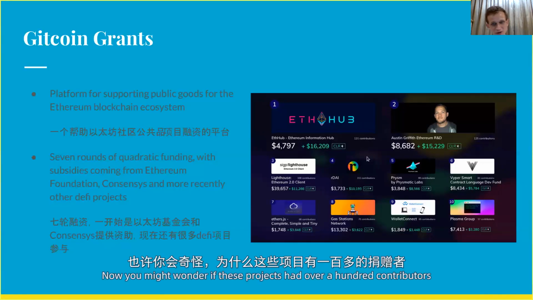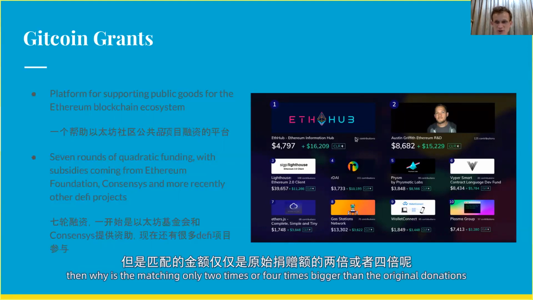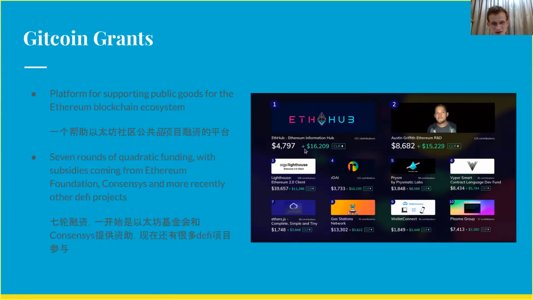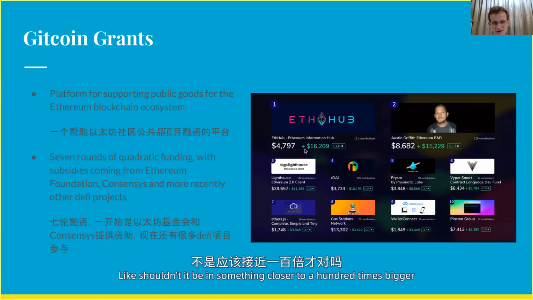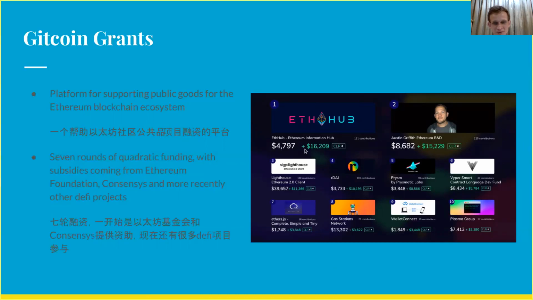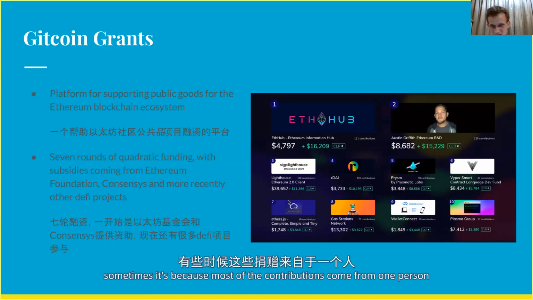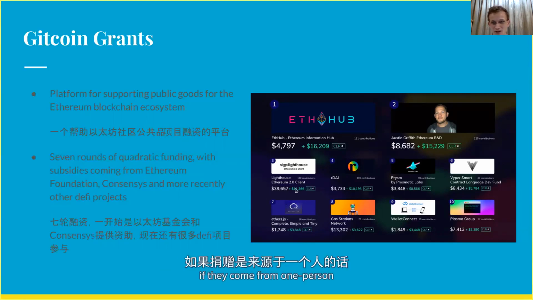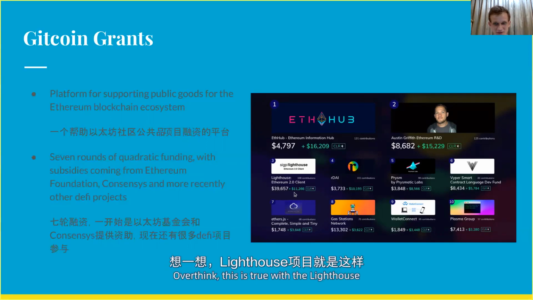Now, you might wonder, if these projects had over 100 contributors, then why is the matching only 2 times or 4 times bigger than the original donations? Shouldn't it be closer to 100 times bigger? The answer is that sometimes most of the contributions come from one person, and if they come from one person, the matching is not large, right? I think this is true with Lighthouse.